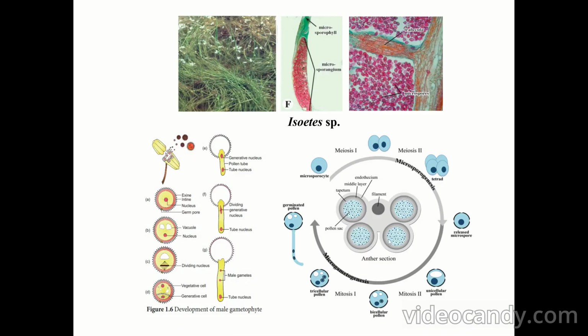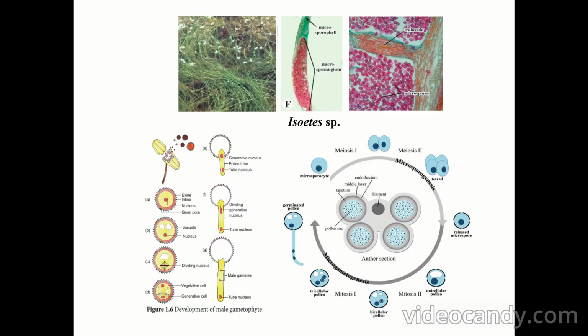So what is the one-celled, two-celled or three-celled stage in the case of pollen grains? The two-cell stage is very common in angiosperms, having one vegetative nucleus and one generative nucleus.